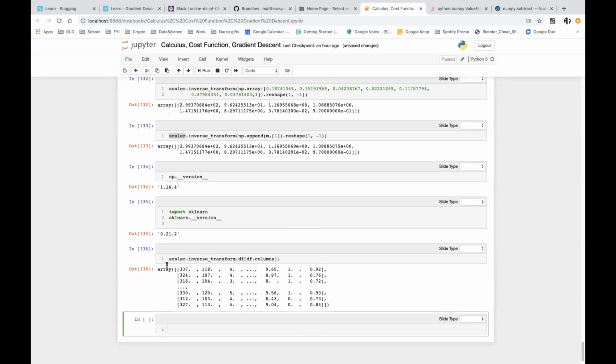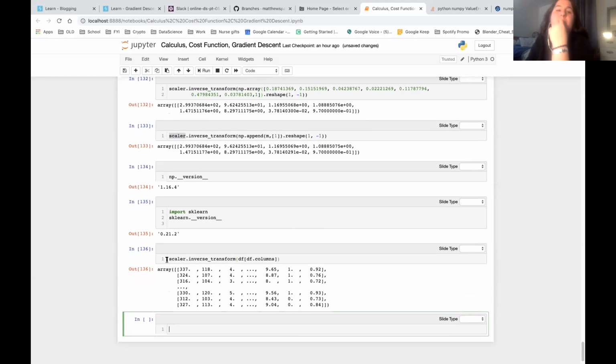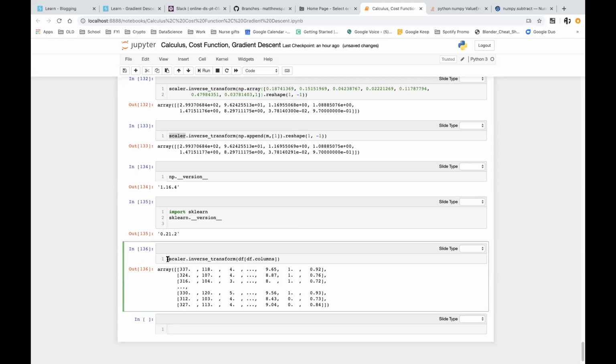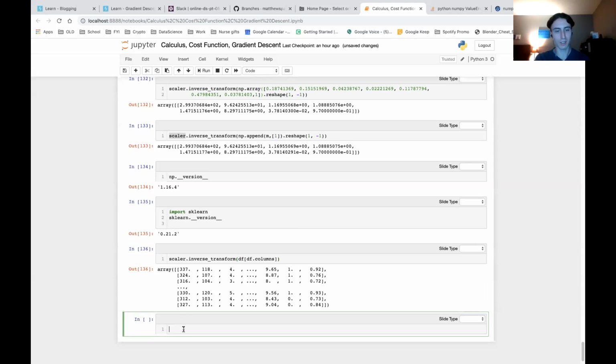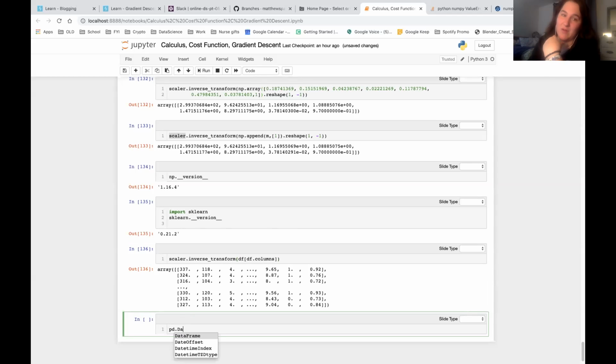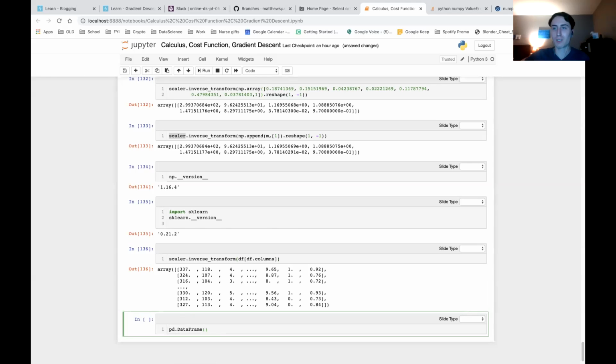Mine doesn't work for me, this one. Mine has the transformed data. So the inverse transform doesn't work for me. Maybe that's because my version is too old. Yeah, the first thing I'd say is try updating. Hopefully that works, because if not, then that's a huge problem because I have no idea. Mine are more up to date than Jacob's are. Yeah, yours is newer.